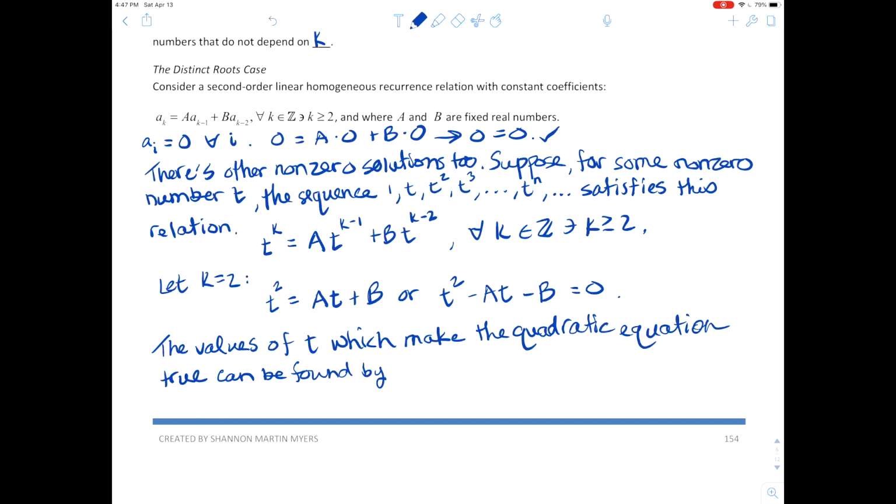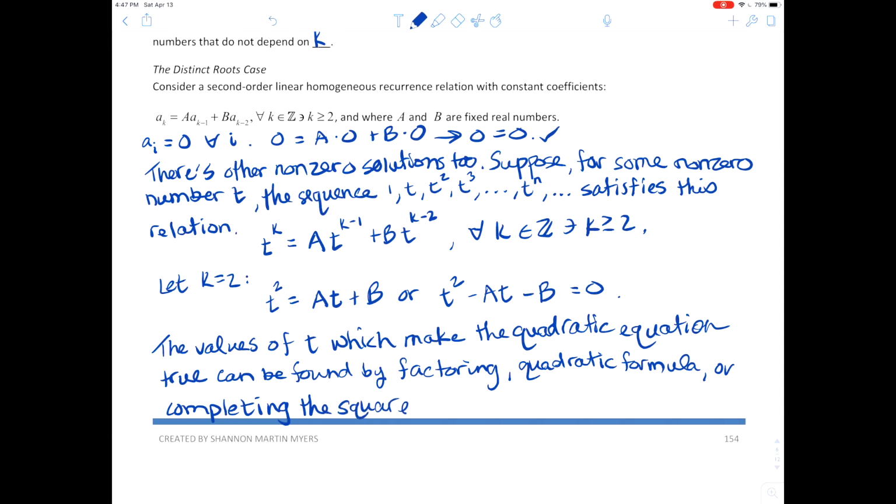Well, factoring, right? Starts with F, it's not a bad word. The quadratic formula, or completing the square. Those are skills that you learned before, I promise.